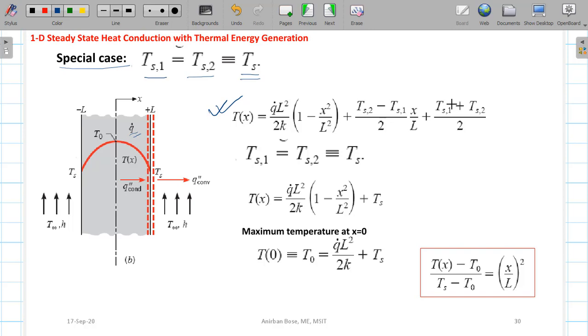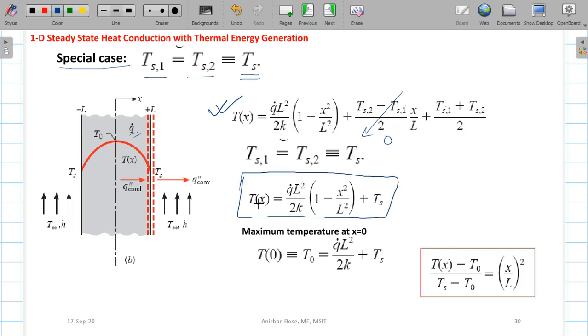If Ts1, Ts2 are different, if you put Ts1, Ts2 same, this term will actually cancel, because Ts1 minus Ts2 will give rise to 0, and Ts1 plus Ts2 by 2 will give rise to Ts. So your expression now will become this one.